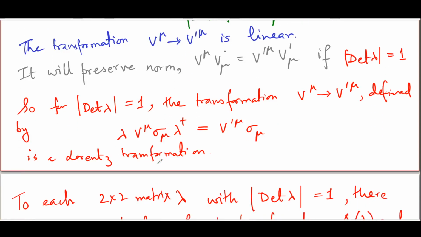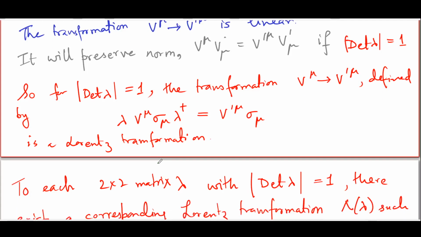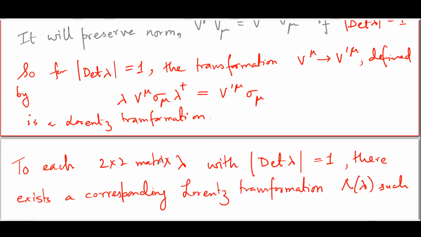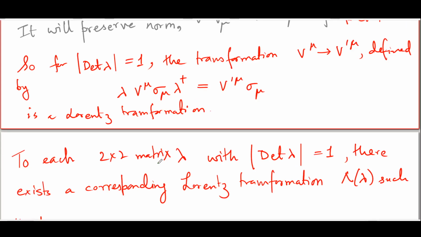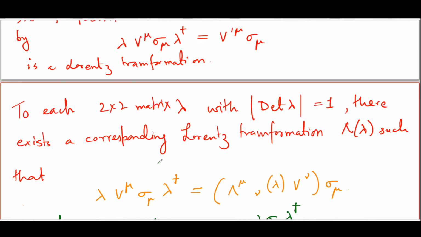What we have here is the following result. Corresponding to every 2x2 matrix lambda which has a determinant satisfying mod det lambda equals 1, that is a determinant which is a pure phase factor, there exists a corresponding Lorentz transformation, capital lambda of lambda, such that lambda V mu sigma mu lambda dagger is going to give you lambda mu nu of lambda, small lambda, V nu, sigma mu.